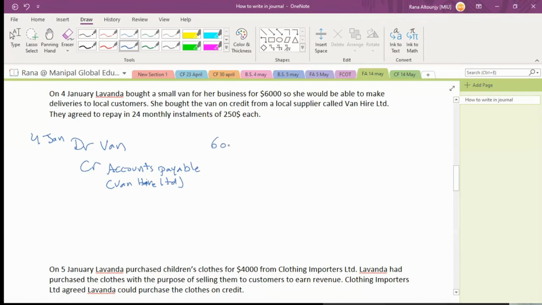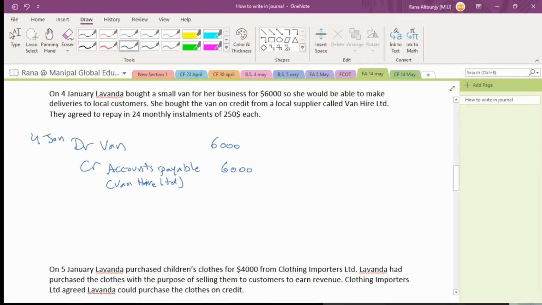The amount is 6,000. Okay, so this is the first part, which is how to write in the journal. This is how we write in the journal.